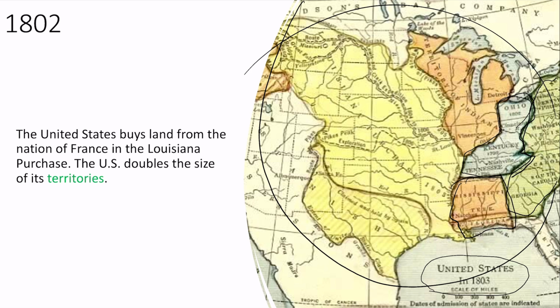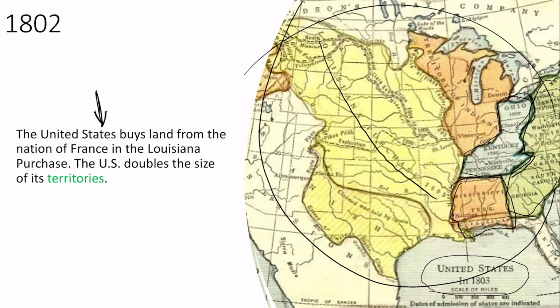You can see that this is the Louisiana Purchase, 1803. All right. And look, this is what our text says over to the left. Let's read this together. The United States buys land from the nation of France in the Louisiana Purchase. The United States doubles the size of its territories.